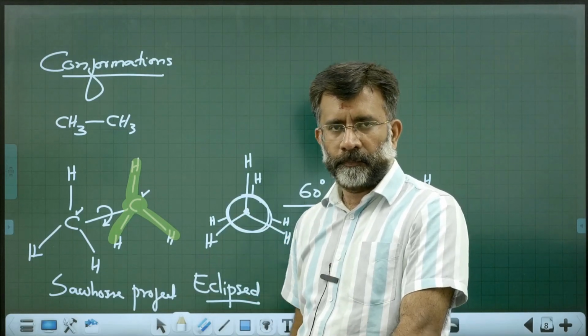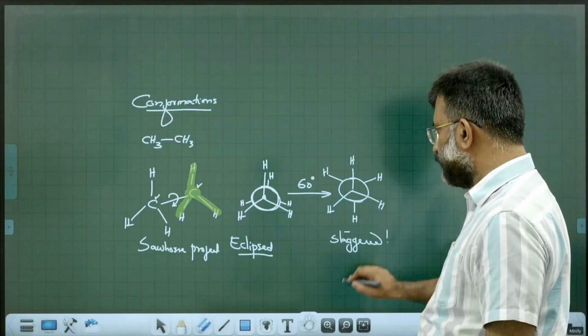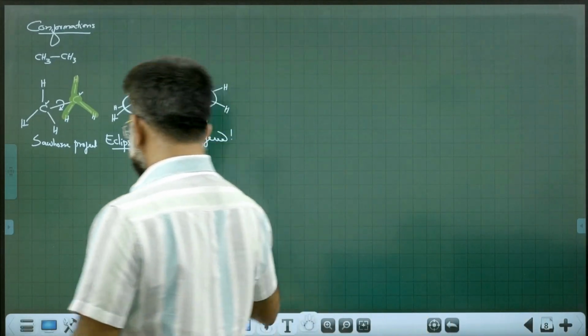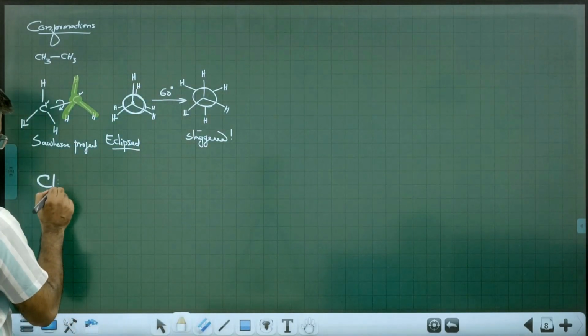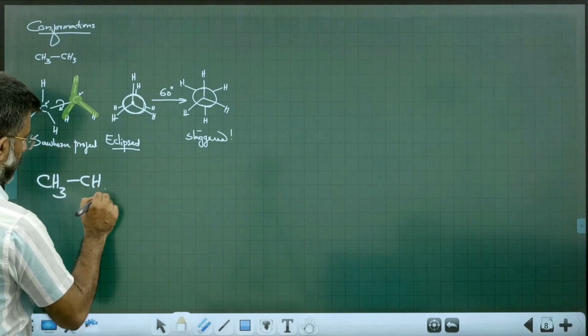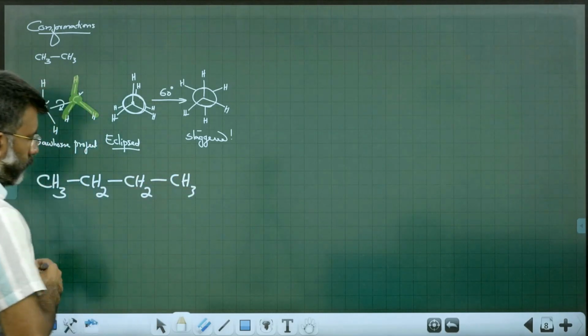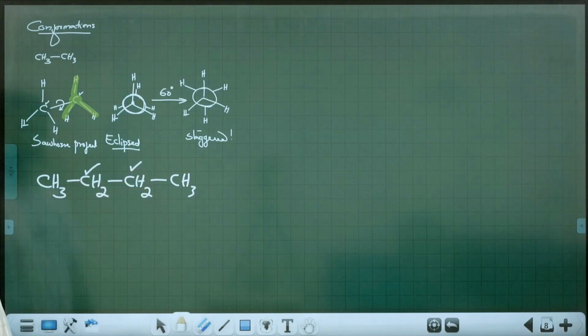Suppose we are moving on to another example, say butane, where we can have conformations. CH3, CH2, CH2, CH3. You can select any carbon. I am selecting these two carbon atoms for drawing the conformations.